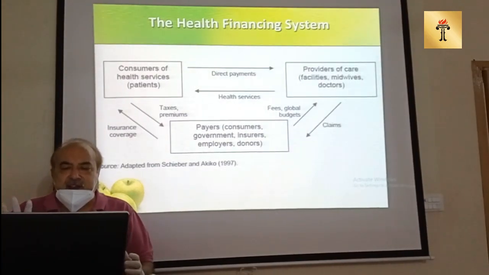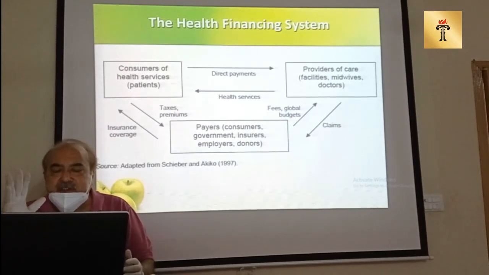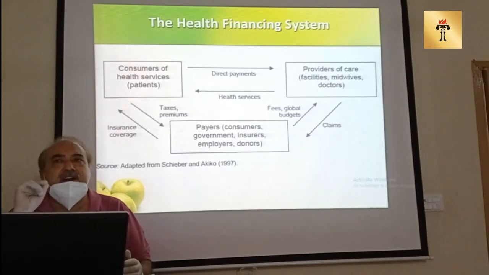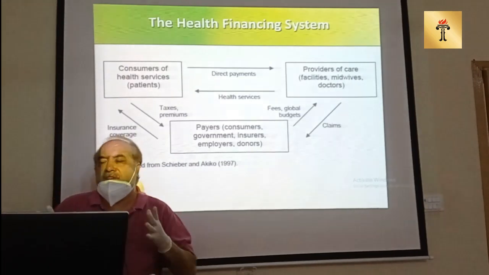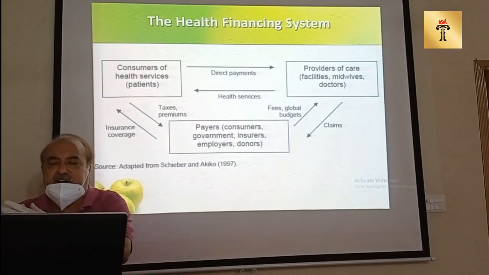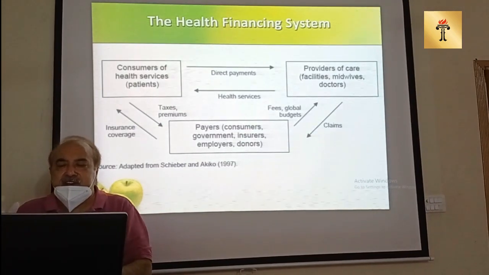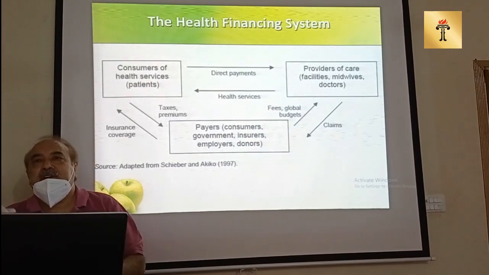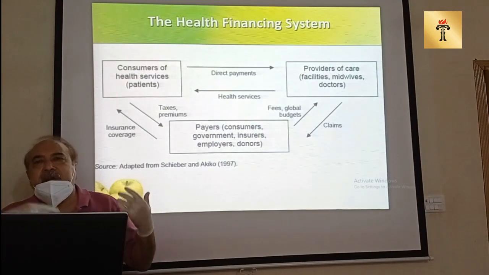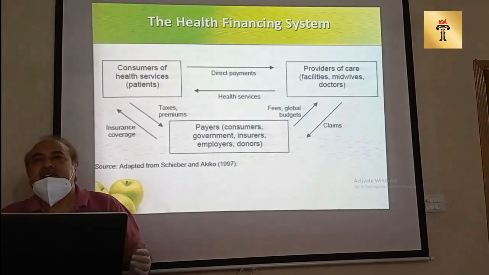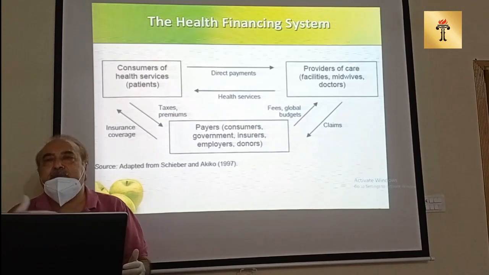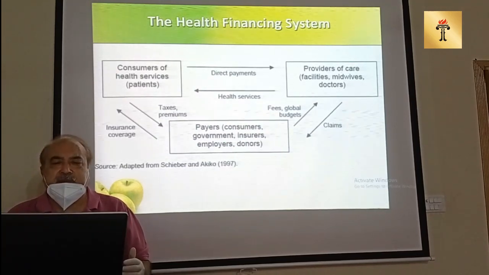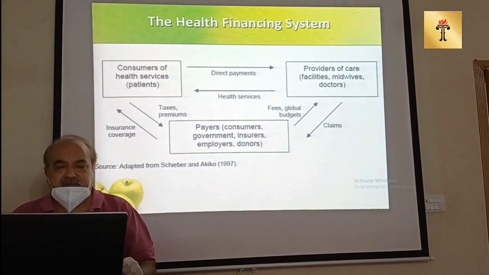The payers are the consumers, the government, the insurers, the employers and the donors, a different variety of payers, and they pay the provider in the form of fees, budgets, global budgets, and of course there are claim systems. The patient goes to a hospital, comes back, had the service, and then the provider sends the bill to the government, insurers, or employers, and gets the payment. So this is all the health financing system.